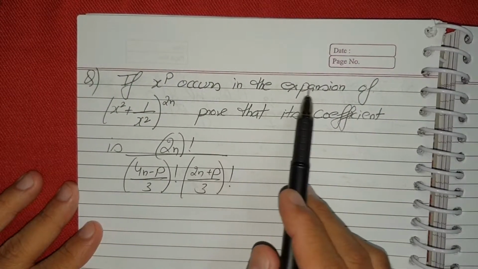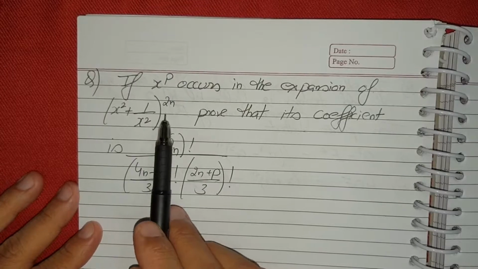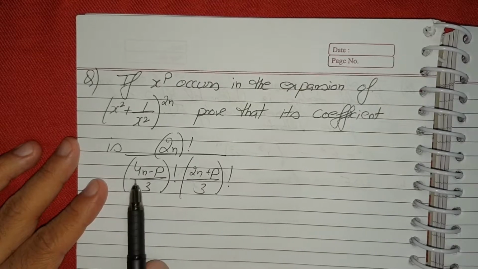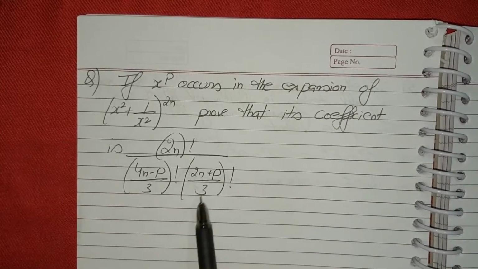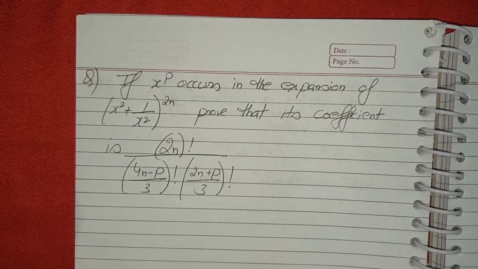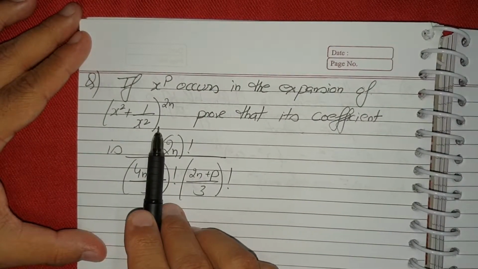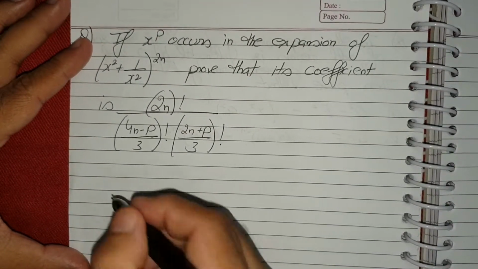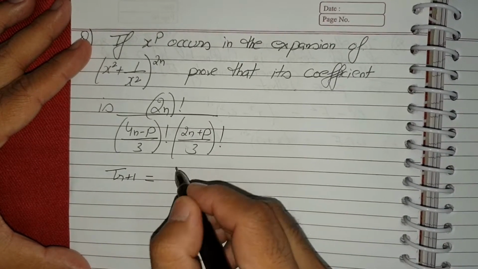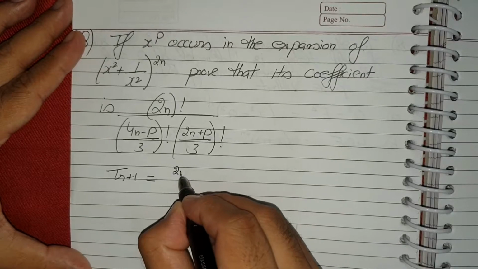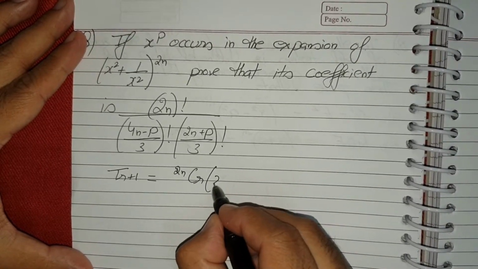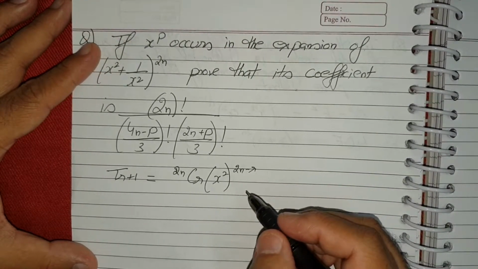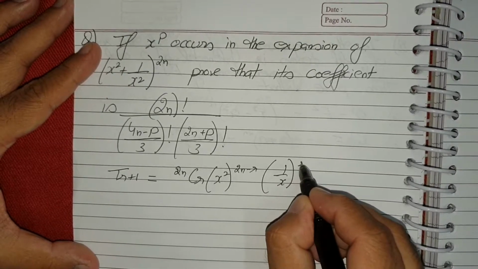If x to the power p occurs in the expansion of x square plus 1 by x square to the power 2n, prove that its coefficient is 2n factorial whole upon (4n minus p)/3 factorial (2n plus p)/3 factorial. Now, this is our question. So, taking the general term, you can write the general term as T(r+1). So, that will be 2n C r, this is x square to the power 2n minus r, into 1 by x to the power r.